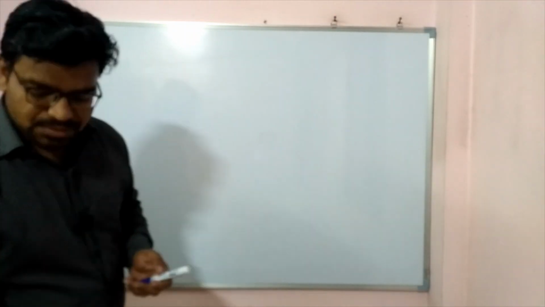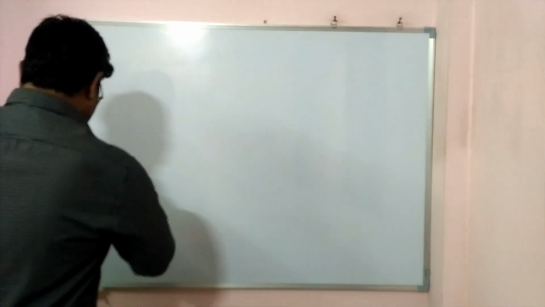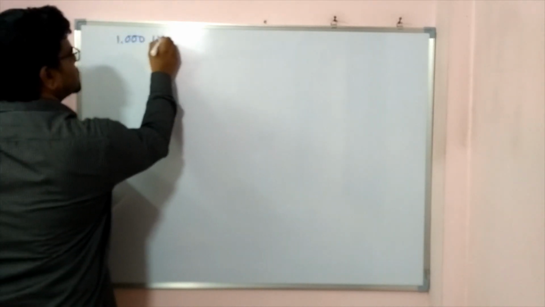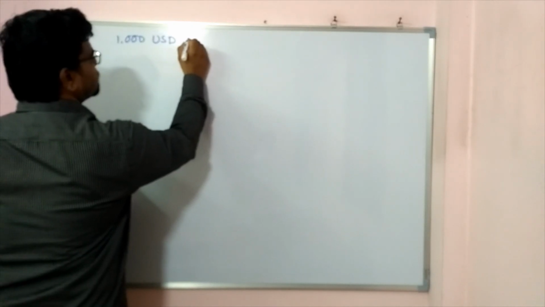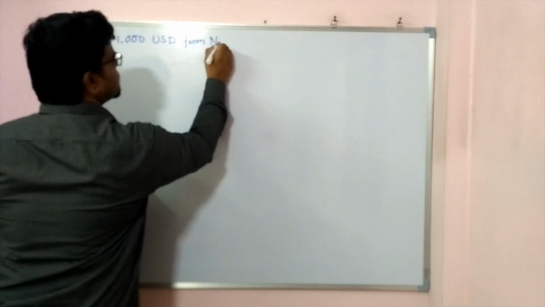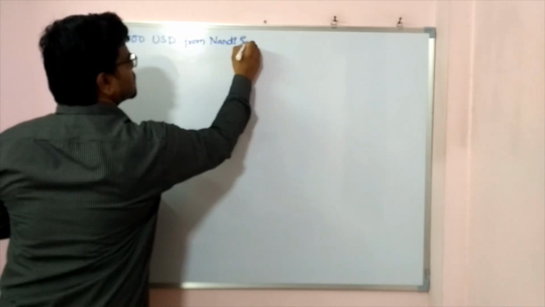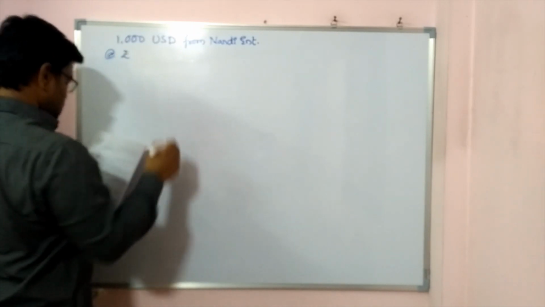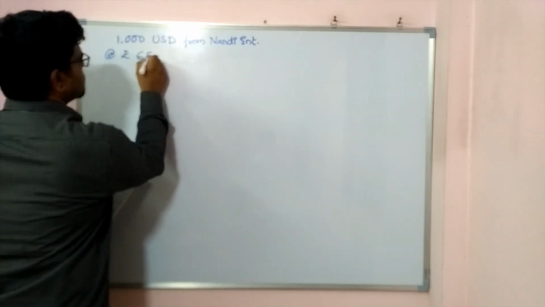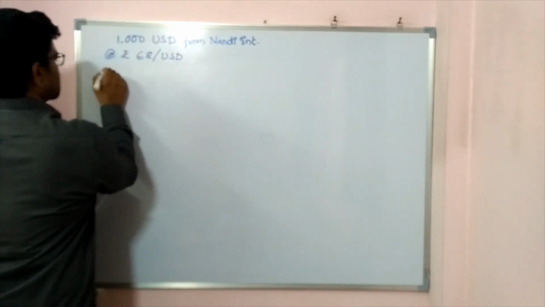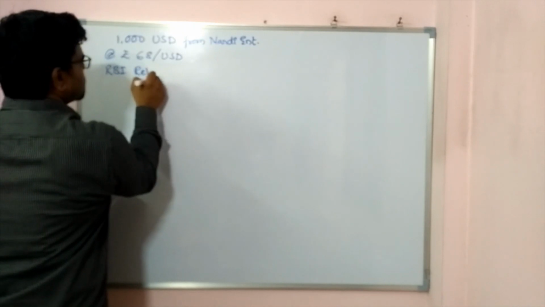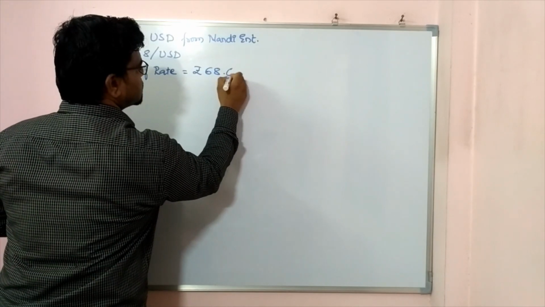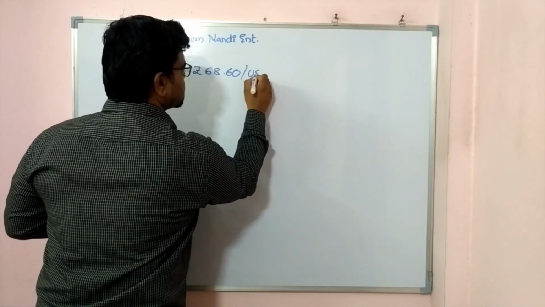Okay, now let us start solving this. Before that I will copy down the information. $1,000 are exchanged from Nandi Enterprises at the rate of rupees 68 per US dollar. RBI reference rate is given, and that is rupees 68.60 as on that date per US dollar.